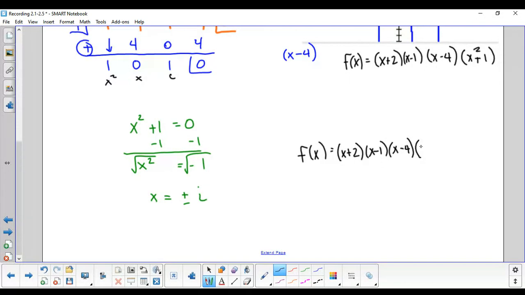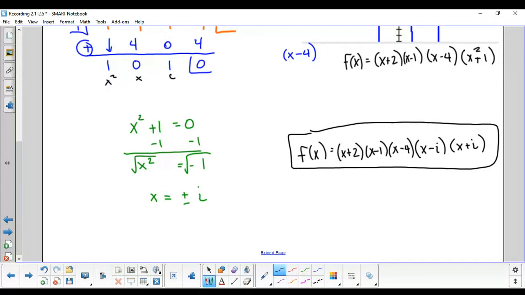And then I just algebraically solved and found that I had x minus i and x plus i as my remaining 2 linear factors. So this is my linear factorization, and my zeros are x equals i, x equals negative i, x equals negative 2, x equals 1, and x equals 4.